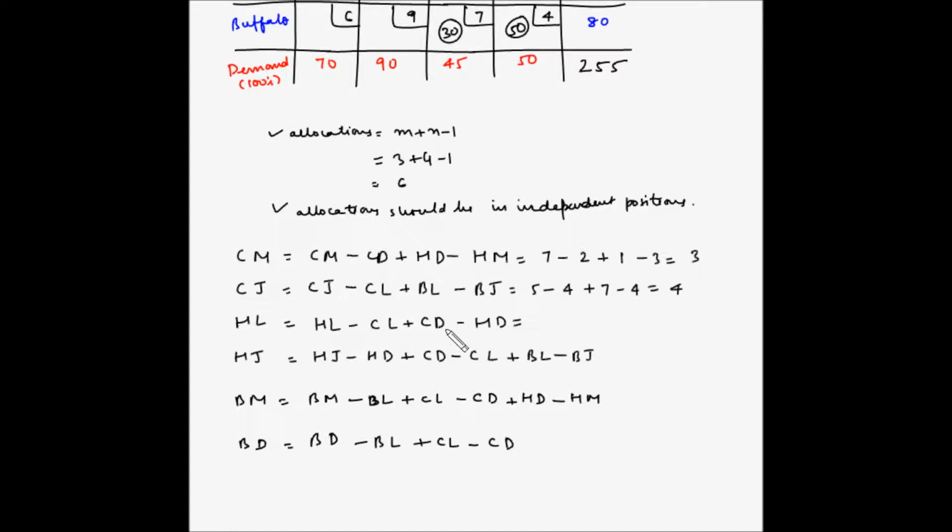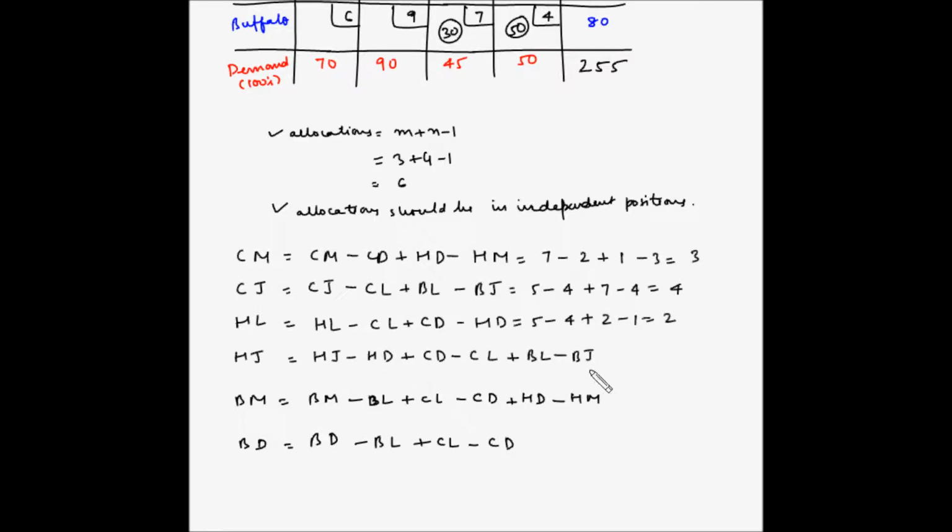HL is 5 minus Cl is 4 plus Cd is 2 minus Hd is 1. 5 minus 4 is 1. 1 plus 2 is 3. 3 minus 1 is 2.